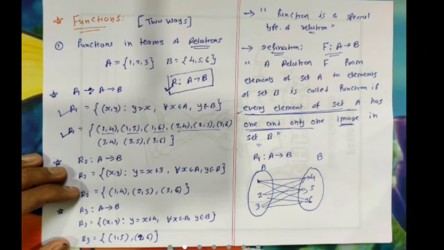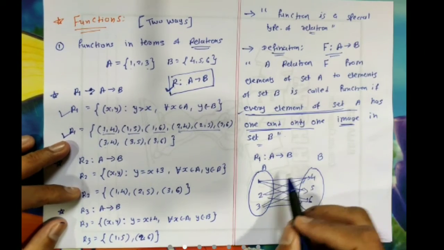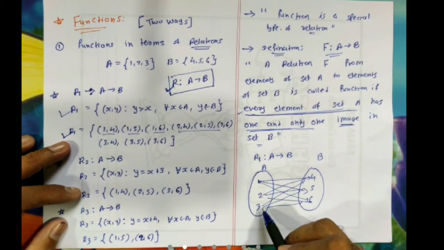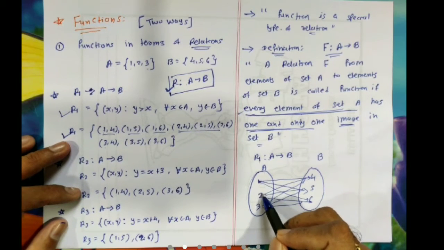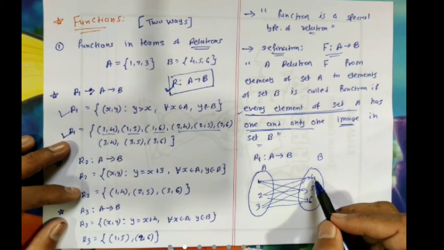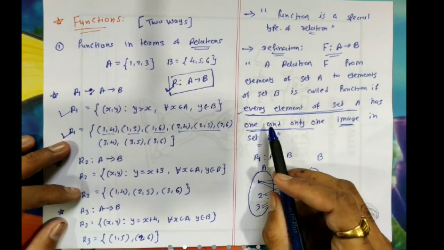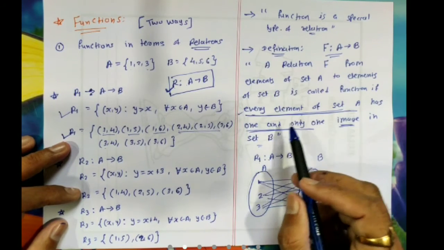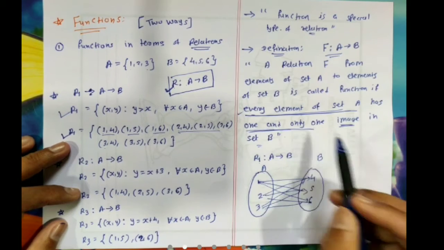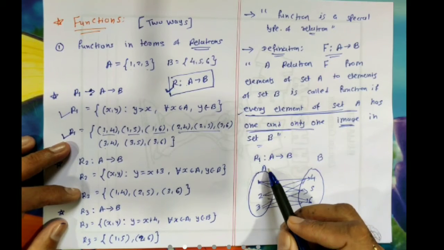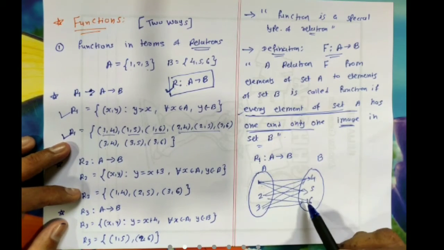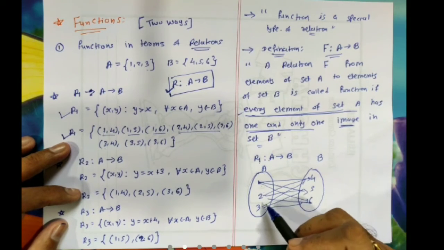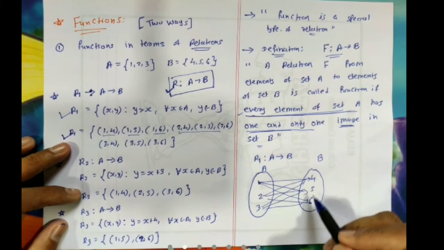For any relation to be a function, the condition is that all the elements of set A have an image in set B. Here the first condition is fulfilled: all the elements, 1, 2 and 3, have an image in set B. But the second condition is that all the elements of set A may have an image, but that image must be one and only one. Here element 1 has 3 images in set B, element 2 has 3 images and element 3 has 3 images.